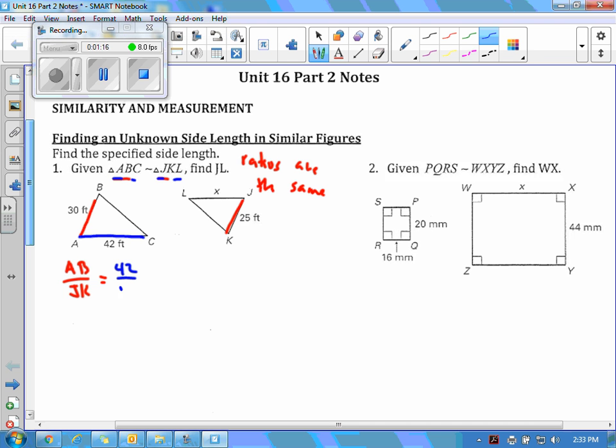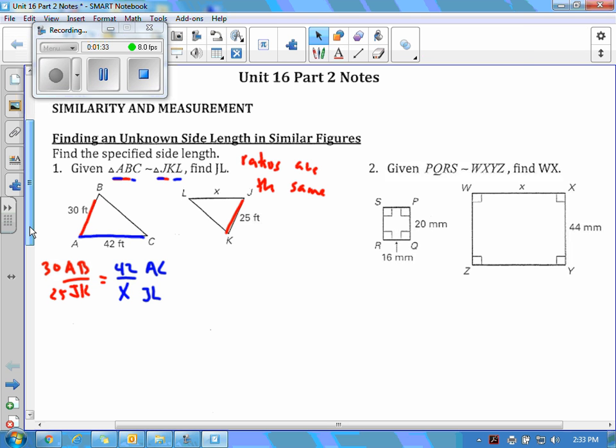So that matches up with JL, which is X. So again, this is AC and that's JL. And then AB is 30 and JK is 25.